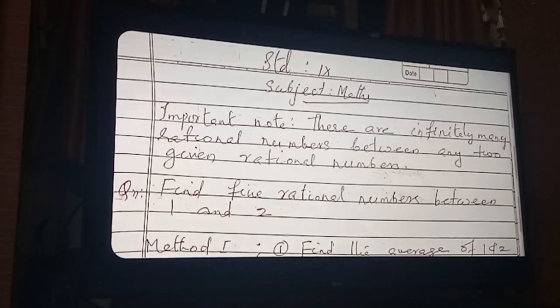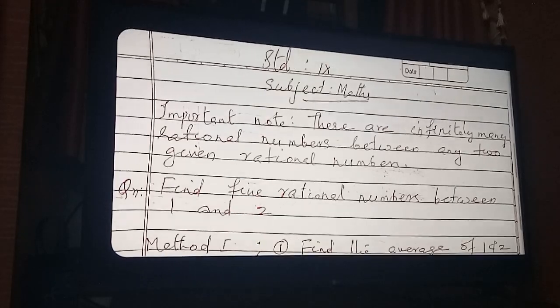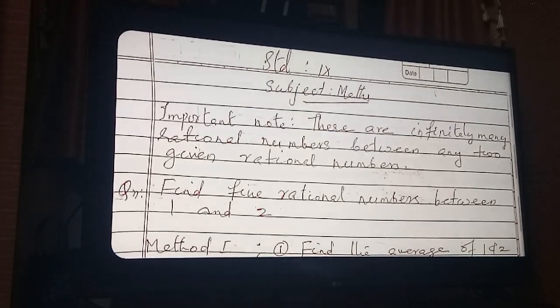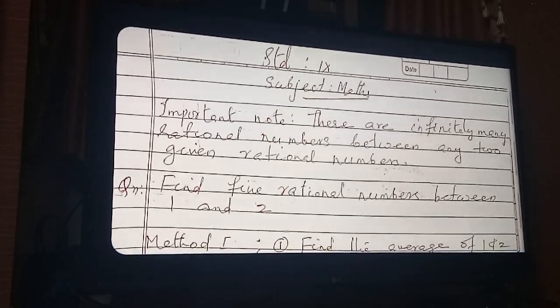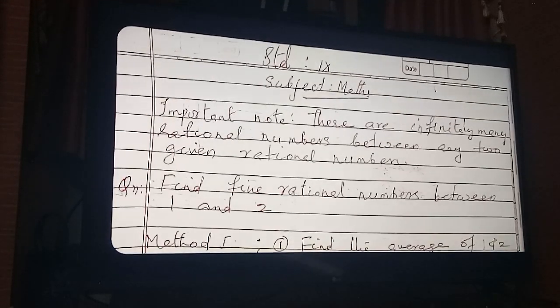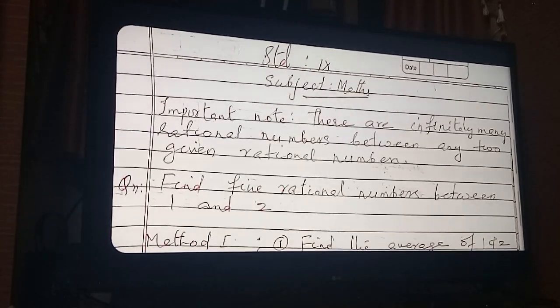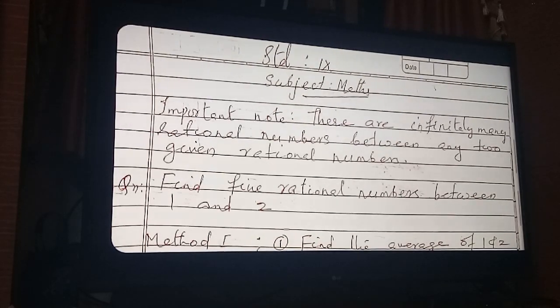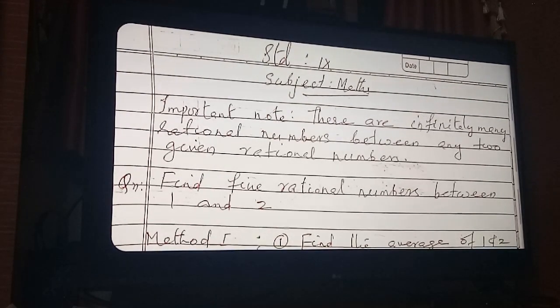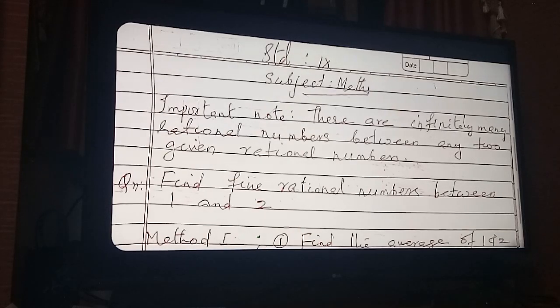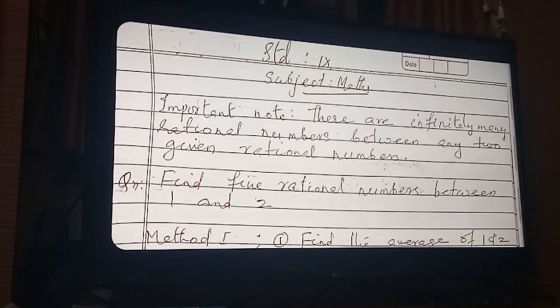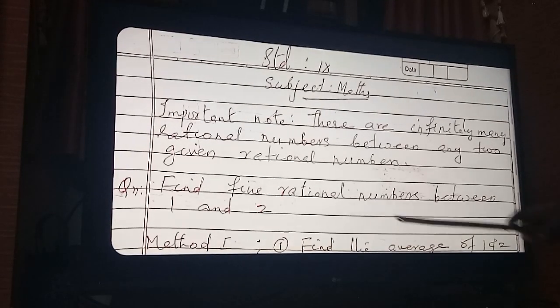Therefore, between any two rational numbers we take, infinitely many rational numbers are there. Is it clear? Any two rational numbers you take, 4 and 5, 5 and 6, 6 and 7, you yourself can find many rational numbers in between.